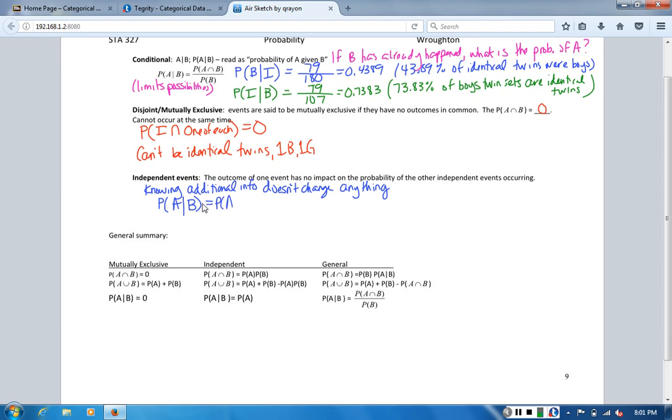So if they're independent, the probability of A given B is just the probability of A. Now first, it's a hard thing. You can't really just see if things are independent. We really do have to check them to see if they're true. But here's sort of a simple idea that helps. So for example, suppose we're doing 2 coin flips.